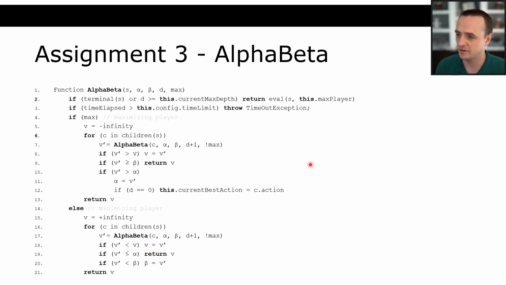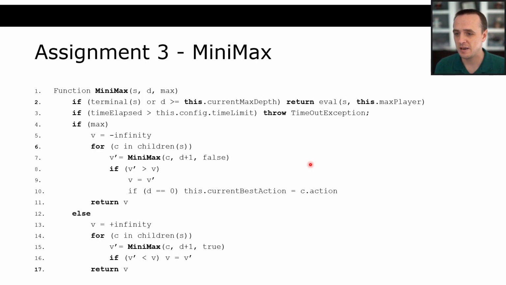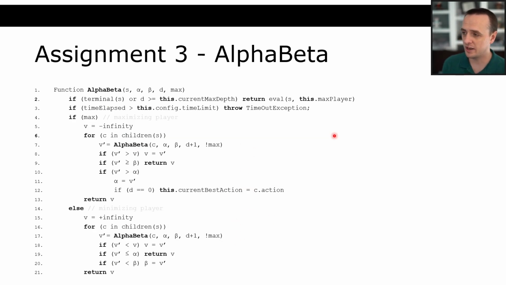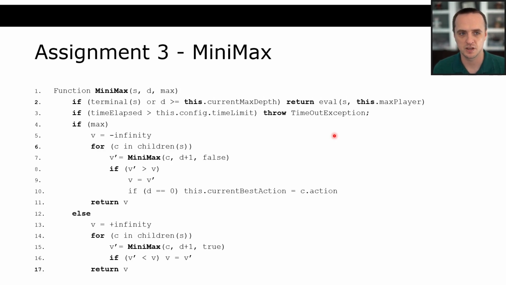What I recommend for assignment 1 is, because AlphaBeta can be a little bit tricky, maybe implement MiniMax first. Okay? So start out by implementing MiniMax. Once you get MiniMax to work, then just put in the extra variables for AlphaBeta and see if you can get that to work. Okay? Because remember, AlphaBeta is just an improvement to MiniMax. It is not a different algorithm.